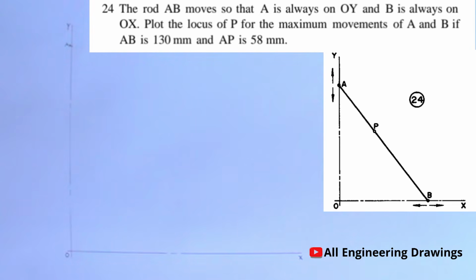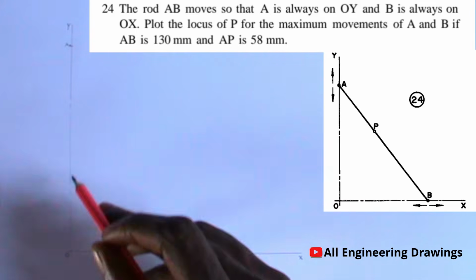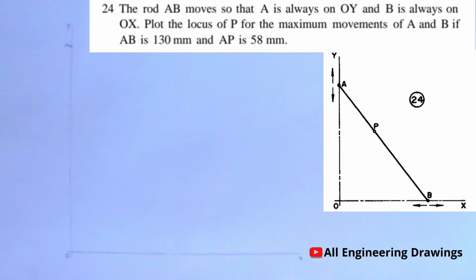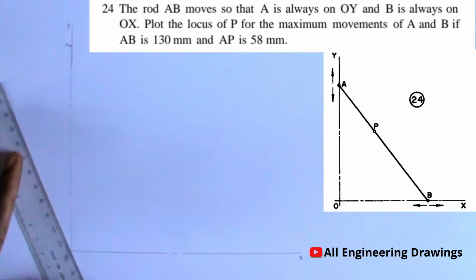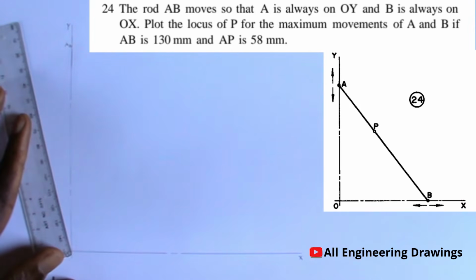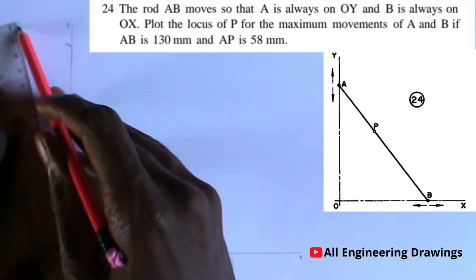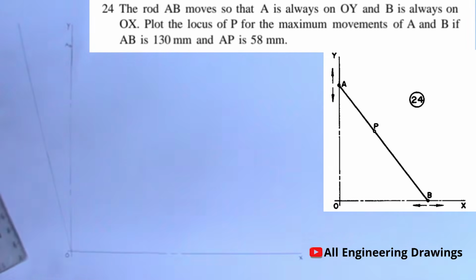To make it easy for us, we'll divide it into 13 equal parts. So we'll follow the principle of line division. First we'll draw an inclined line from point O. After drawing the inclined line, I will mark off 13 points on the inclined line.